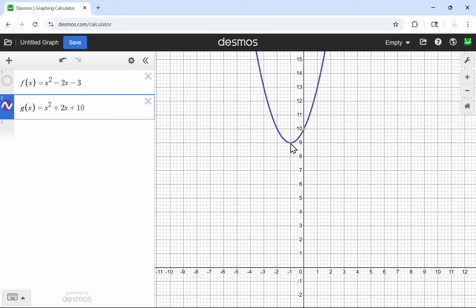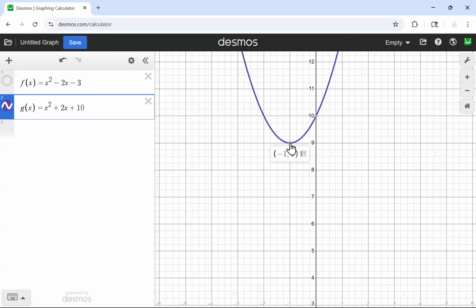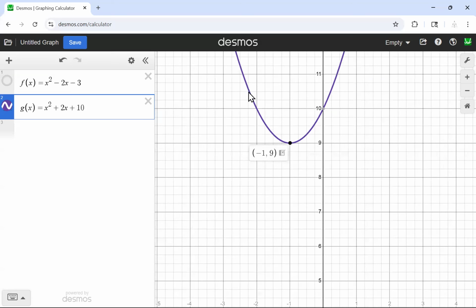By the way, I didn't mention this previously, but the vertex is the point at which this graph turns from decreasing to increasing. So the vertex of this parabola is the turning point of this parabola.